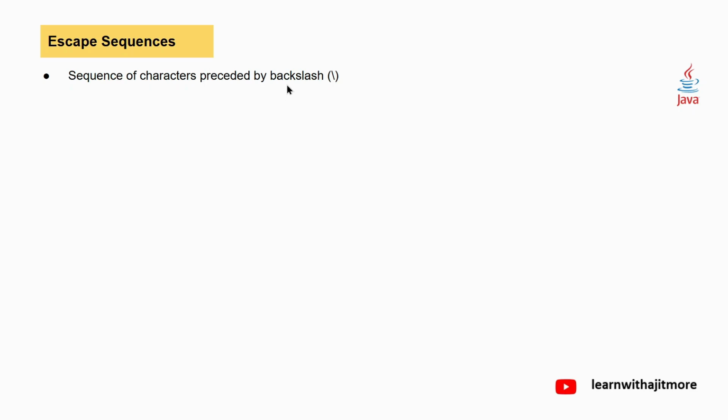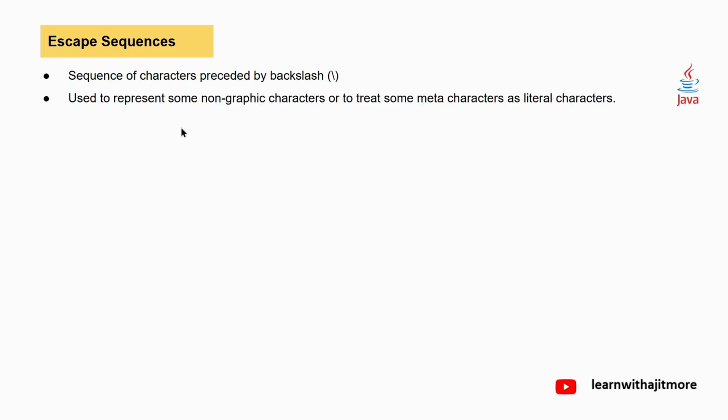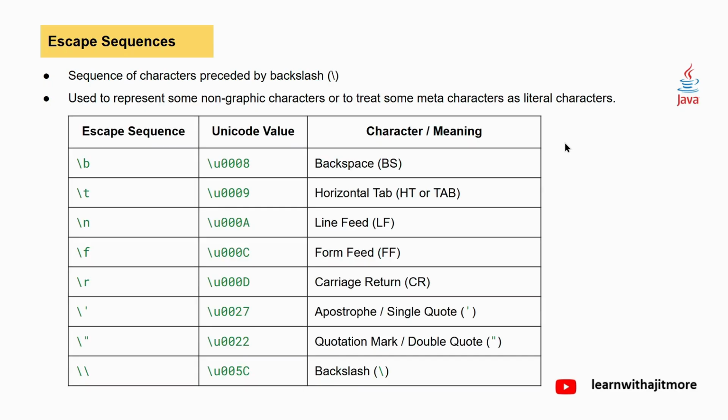A sequence of characters preceded by backslash is used to represent some non-graphic characters like new line, carriage return, tabs, or to treat some meta characters as literal characters. I hope it is clear. And the third use is, I told you, to represent unicodes also.